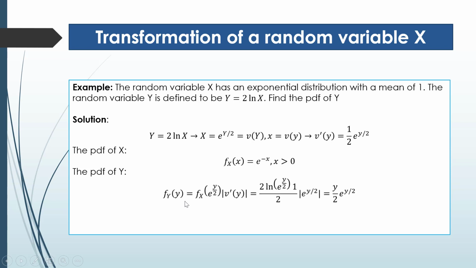So f_Y(y) is first f(x) at v(y), and v(y) here is e to the y/2, then times the absolute value of v prime of y. f of e to the y/2 is e to the negative e to the y/2, and v prime of y is 1/2 e to the y/2 in absolute value. Then simplifying this, we get the PDF of Y.